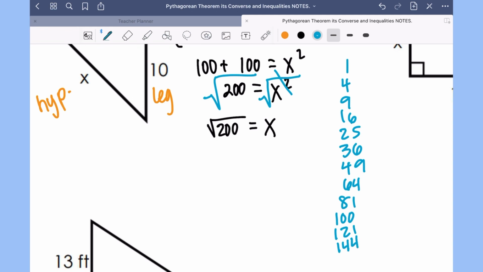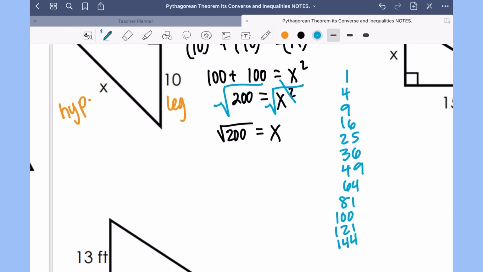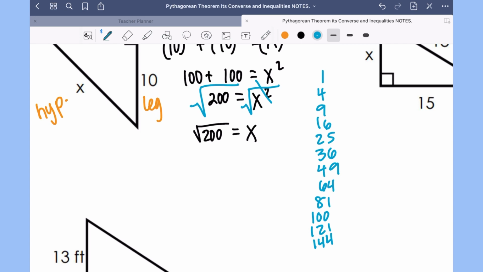So, out of all of these perfect squares, who is the largest number that will divide into 200? Because 4 divides into 200, but that's not the largest. We got to keep going.